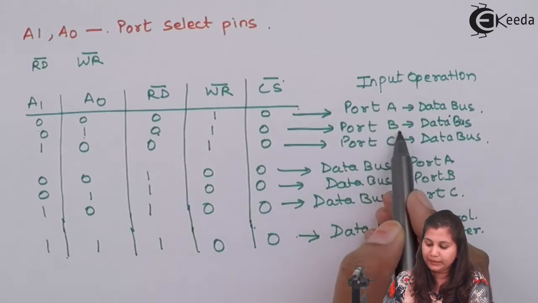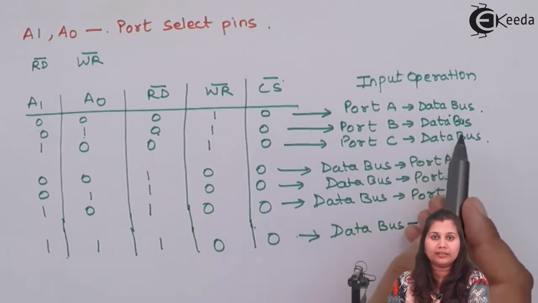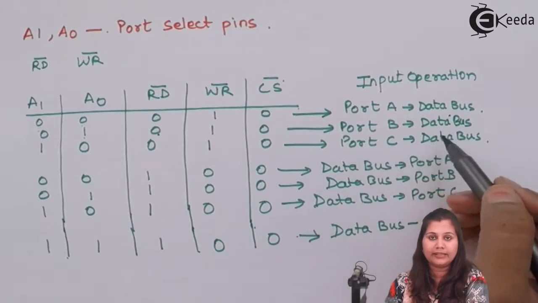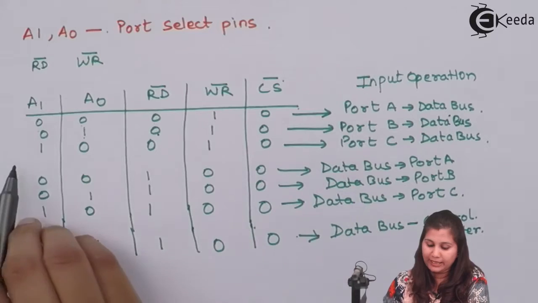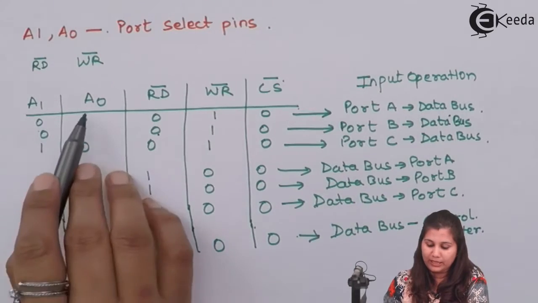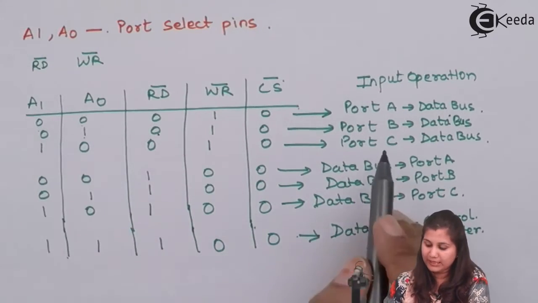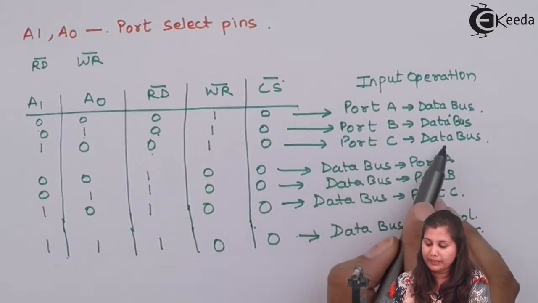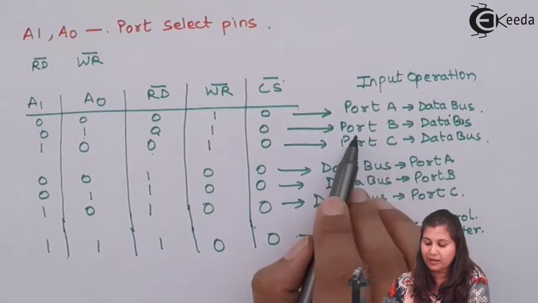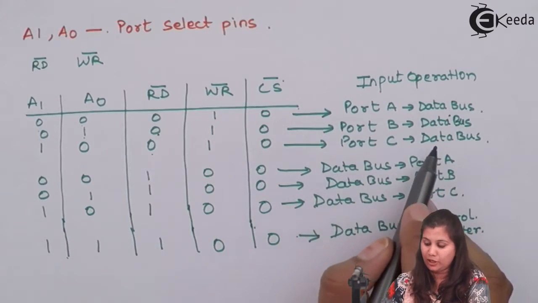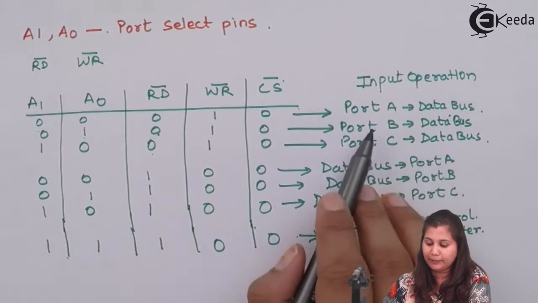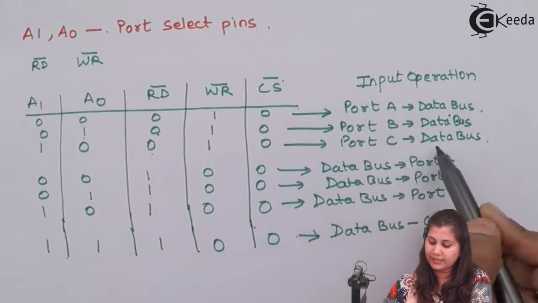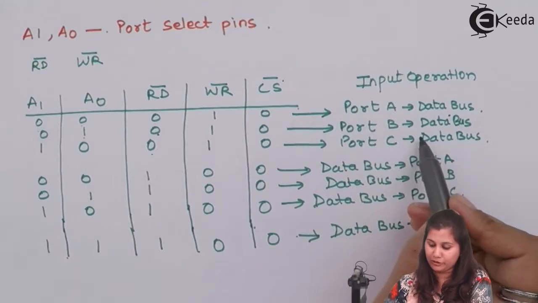So port B will be read by the data bus. Okay. Then A1 is 1 and A0 is 0. So port C will be selected and it's a read operation. So the data bus is going to read the data from port C. So the data bus is getting the input from the 3 ports. Okay, so this is describing the input operation.